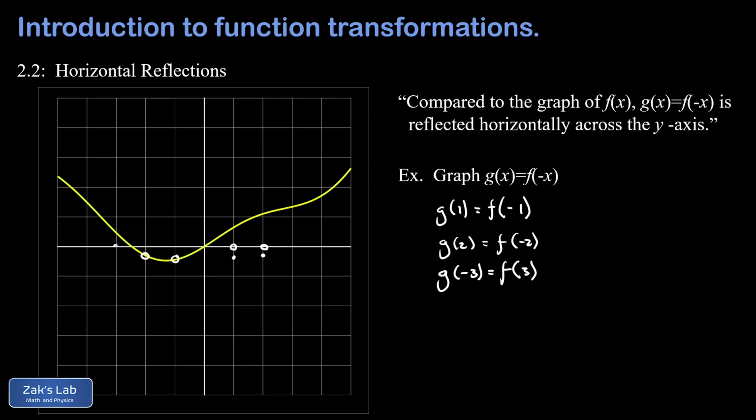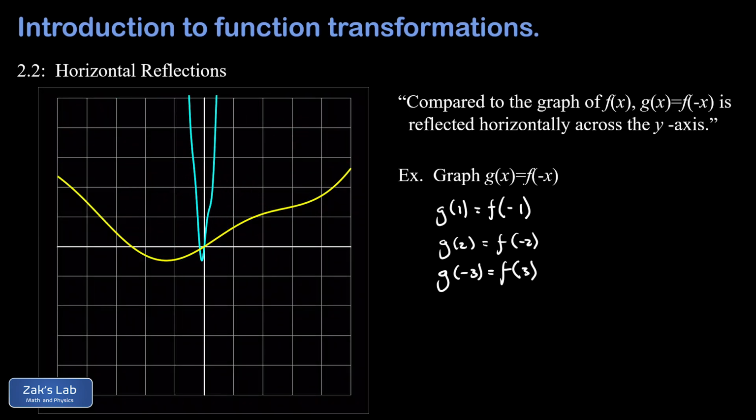So when I want to find the g value over here, I look for the f value on the opposite side of the y-axis, the same distance from the y-axis, and that's right there. So that y value gets translated over here. Now taking every single point on the graph of g and moving it the same distance on the opposite side of the y-axis, that's just a horizontal reflection of the graph like this.